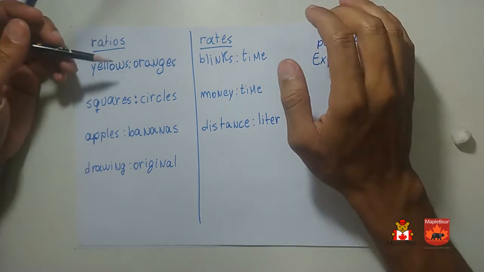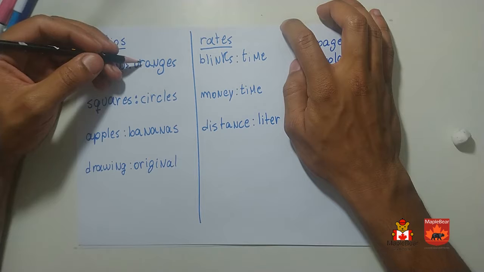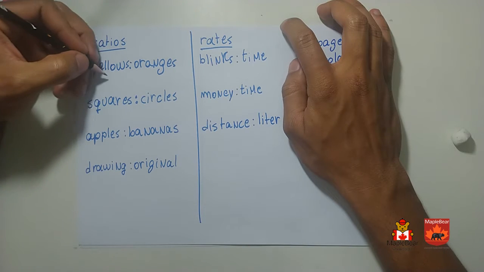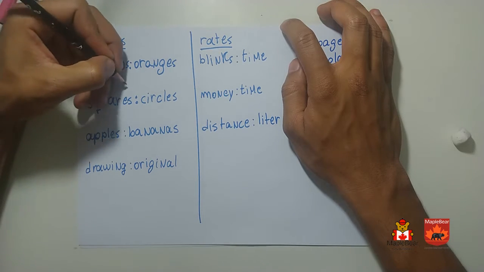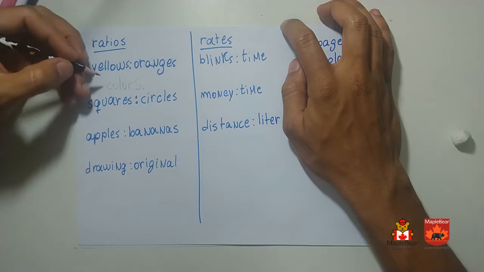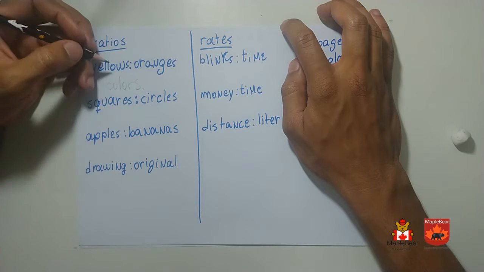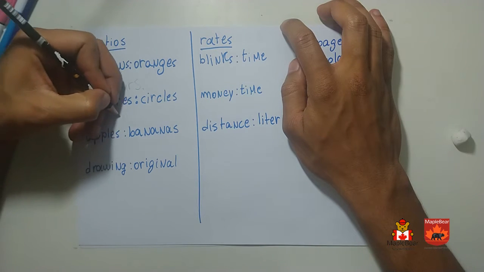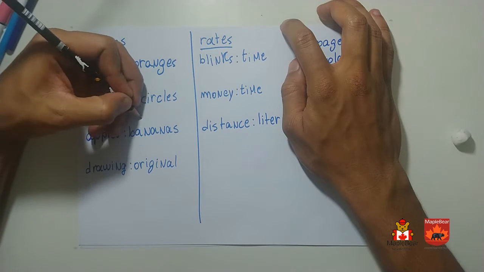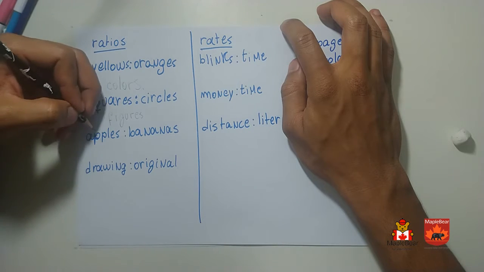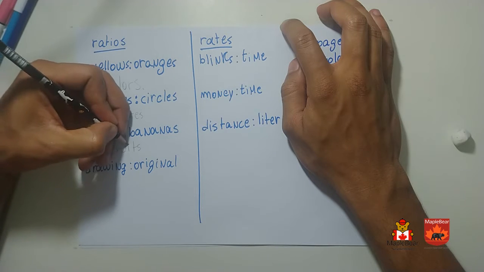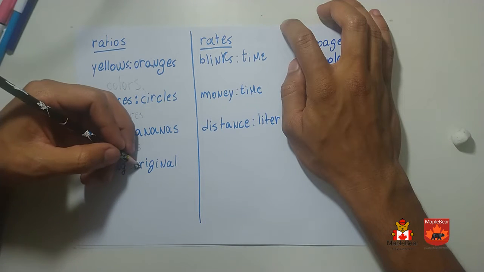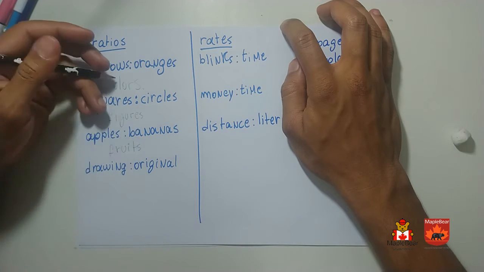So think with me, when I'm talking about yellows and oranges, I agree that I was talking about tiles, so can I say that I was talking about the same colors? When I was talking about squares and circles, I was talking about what? I was talking about figures. And when I was talking about apples and bananas, I was talking about fruits. When I was talking about drawing original, I was talking about measurement.